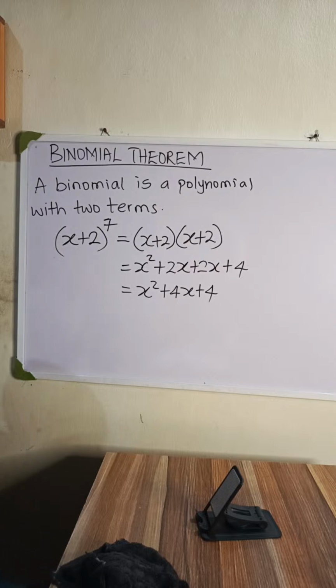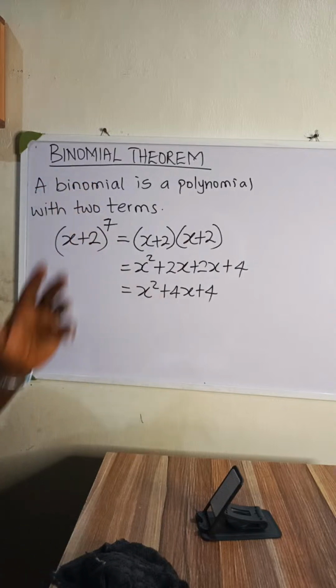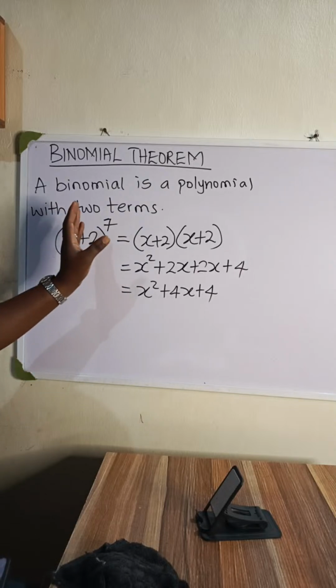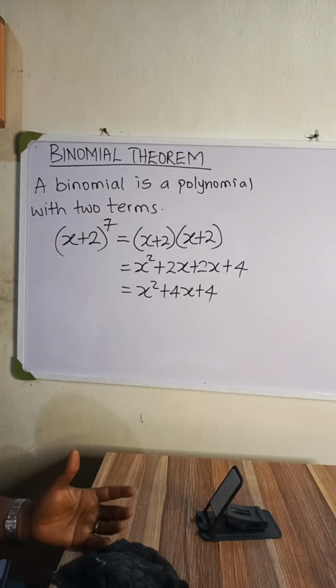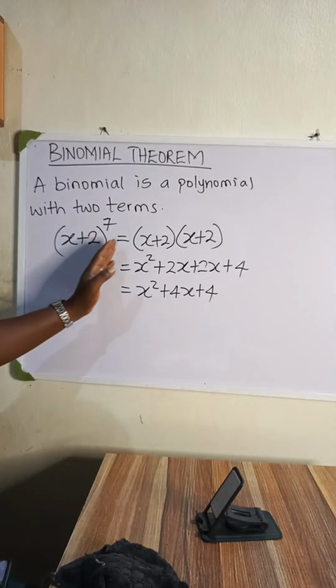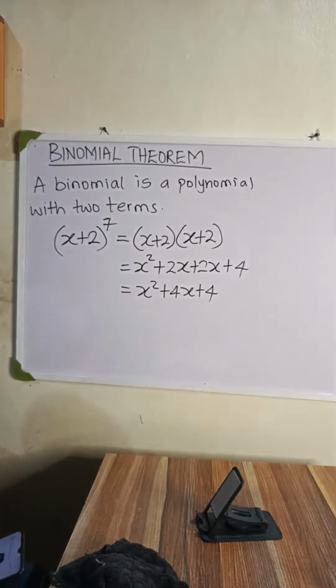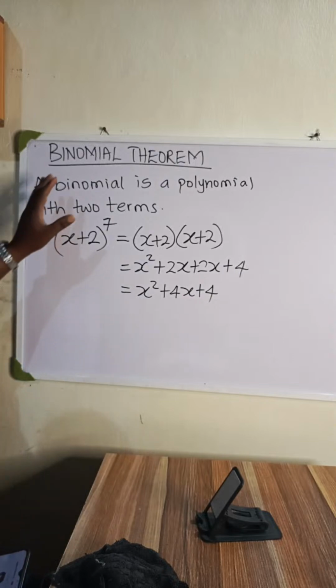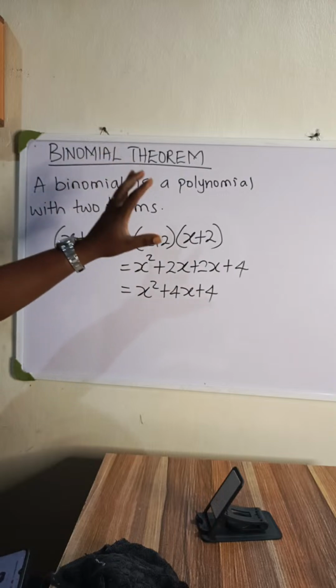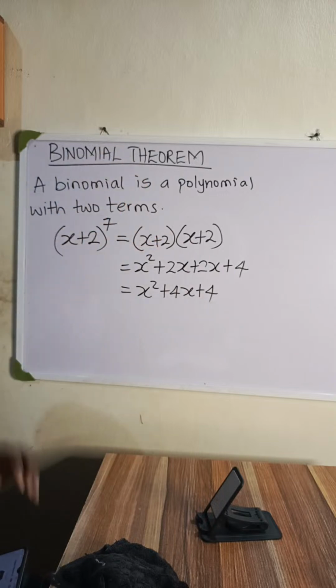So binomial theorem helps you to expand such equations easily. Unlike when you are going to multiply this by itself 7 times, it's going to take you a long time to do that. So what we are going to learn today is how to use binomial theorem to expand binomials that are multiplying themselves.